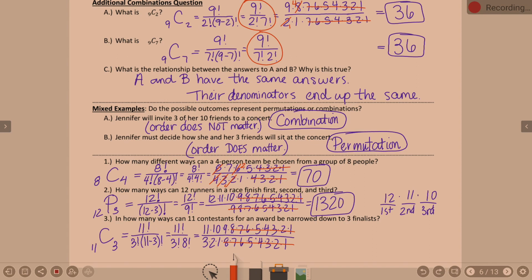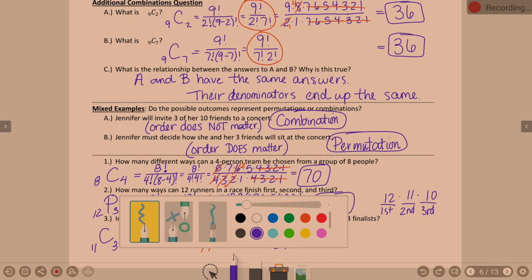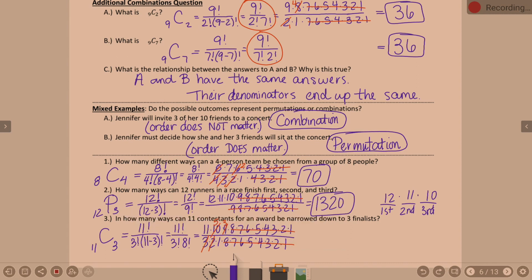3 cancels with 9. 3 divided by 3 is gone, 9 divided by 3 is 3. 10 cancels with 2. 2 divided by 2 is gone, 10 divided by 2 is 5. So I have 11 times 5 times 3, which is 165.